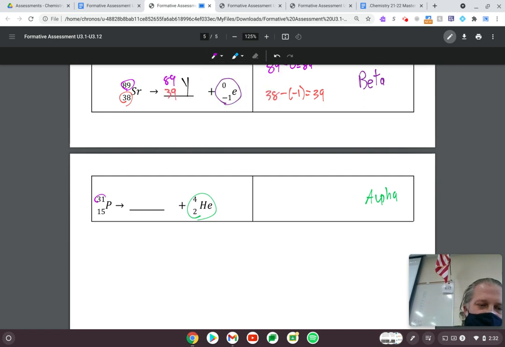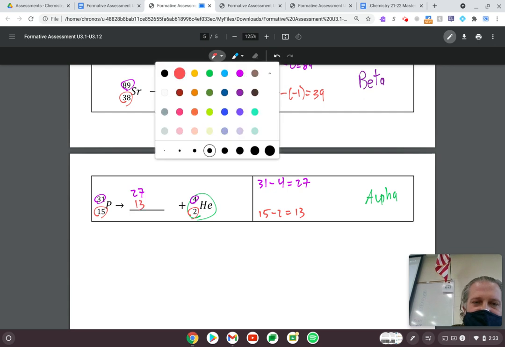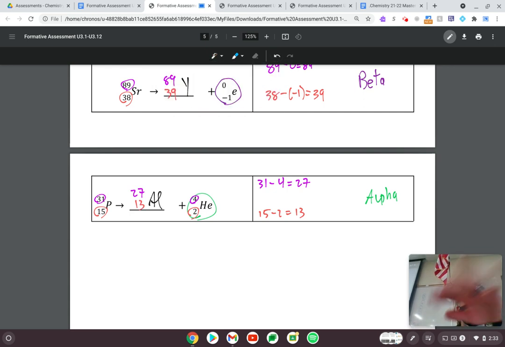So I'm going to look at the relationship between 31 and 4. 31 minus 4 is 27. 15 and 2. 15 minus 2 is 13. And that tells me that the element in question is going to be aluminum. And that is the answer key for your practice quiz. We are going to have a real quiz on this tomorrow. Have a wonderful day.